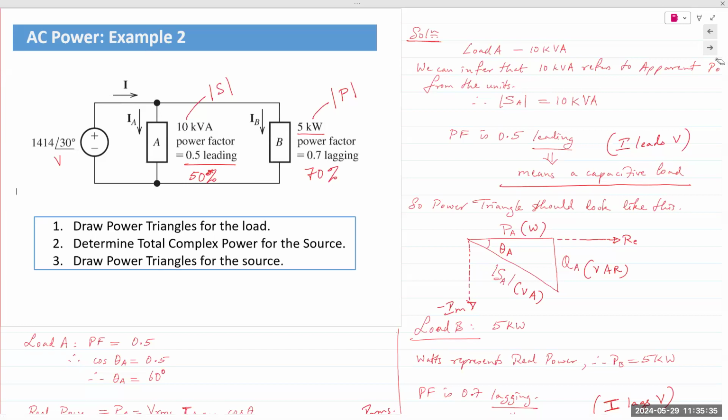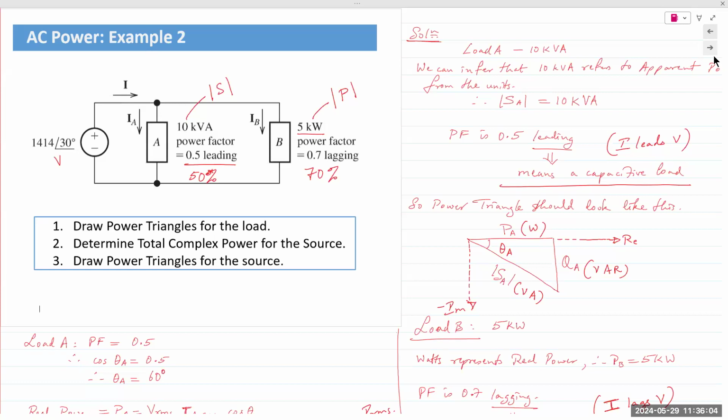We are not given anything else except for certain values. And we are asked to find the total complex power for the source, meaning we also need the total complex power from all the components. And we are asked to draw the power triangles for all three, for the loads as well as the source. So this is how you would use power triangles to analyze a system.